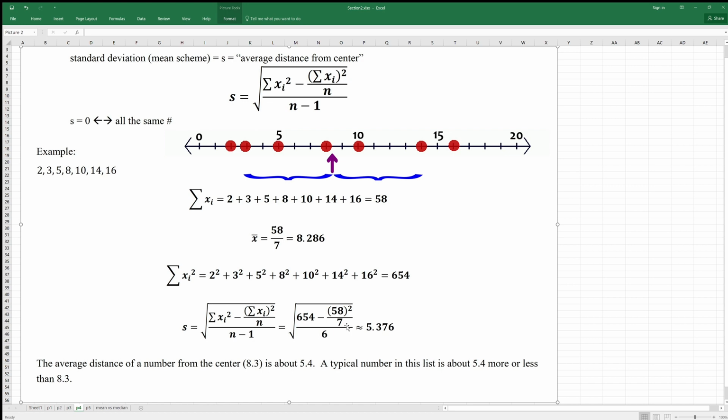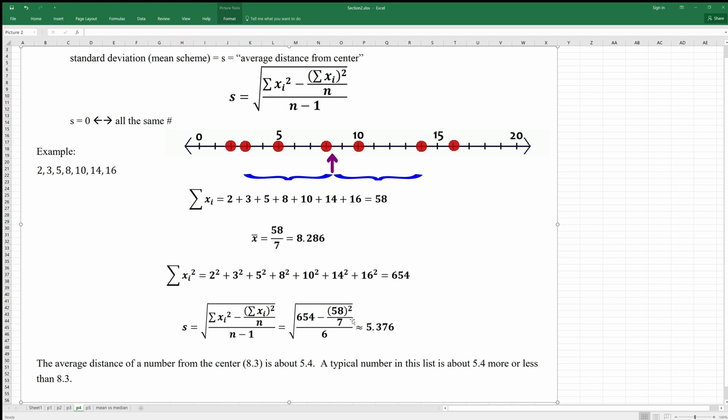And then if I do 654 minus answer, I'm going to get 173.42 something. That's the numerator. And then if I do answer divided by 6, I'm going to get 28.90 something. 28.9047619. 28.9 something. And that's the radicand. And then if I take the square root of it, I'm going to get 5.376.